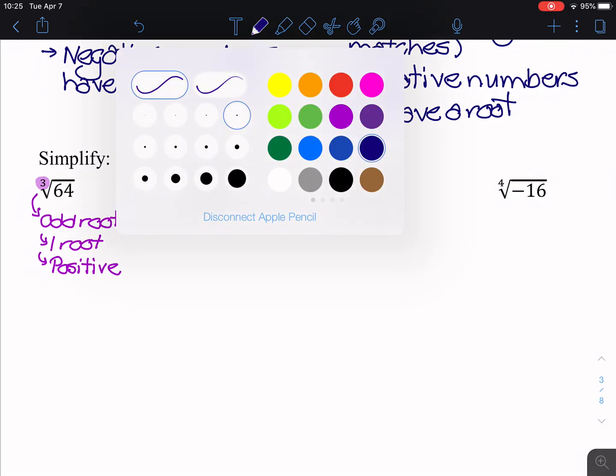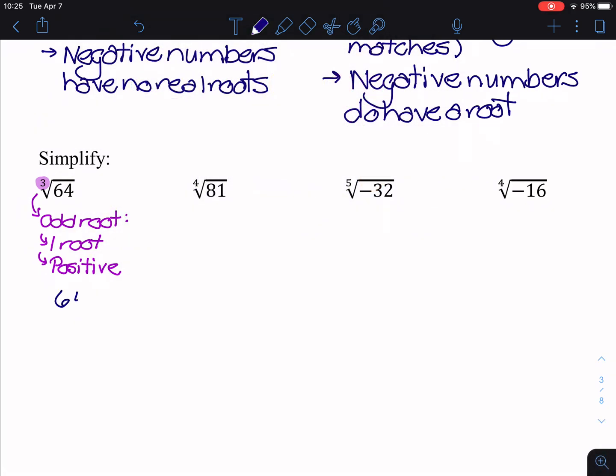I'm going to start factoring 64. 64 is 4 times 16, and 16 is 4 times 4. So I can see that 64 is equal to 4 cubed. My answer for this first one is 4.